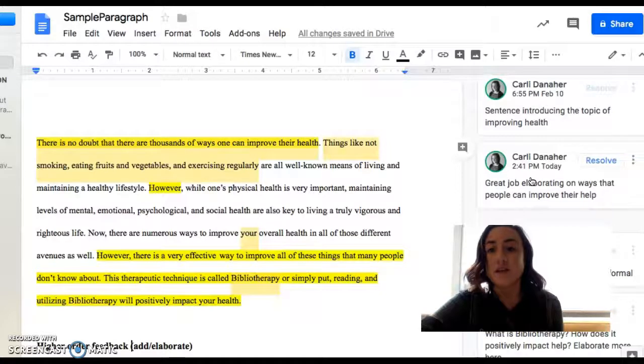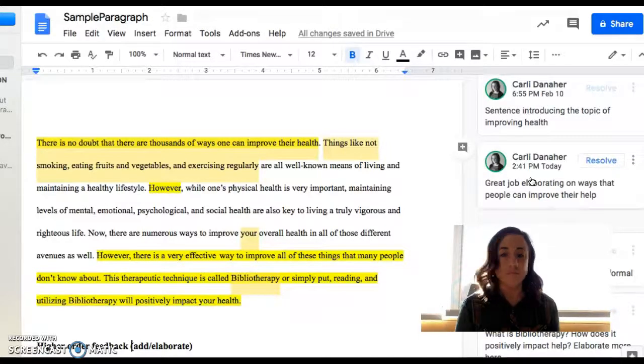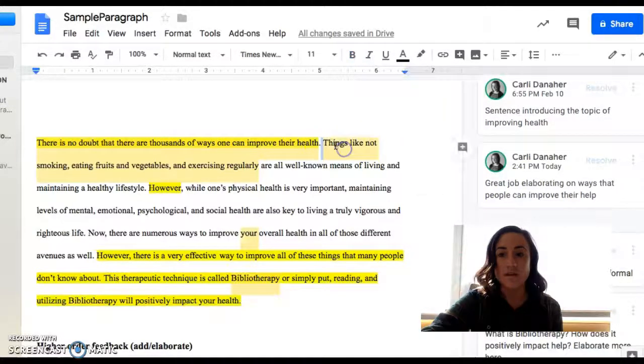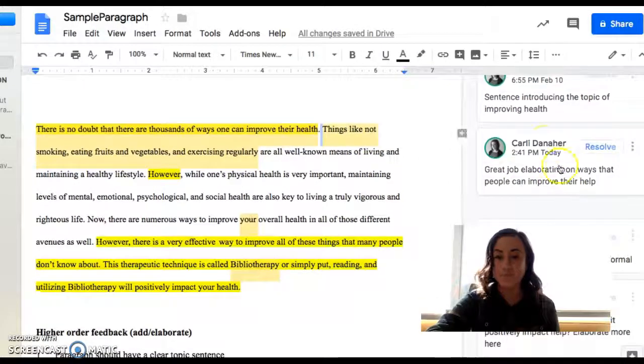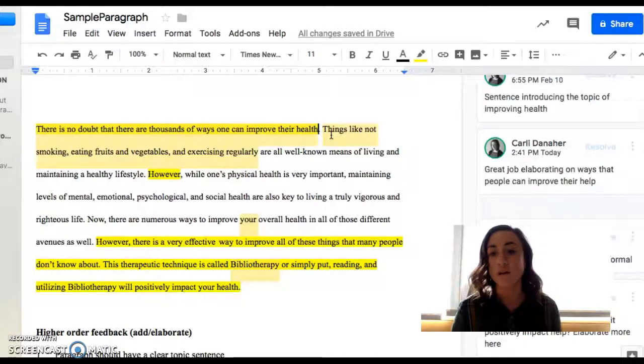As your GT, if you ever ask me for help or have questions about your paper, I can read over it and I can leave comments in the side. You will see that I left a comment for this student saying, great job elaborating on ways that we can improve our health, because the topic of this paper is ways that one can improve their health. And you can see that in the first sentence.